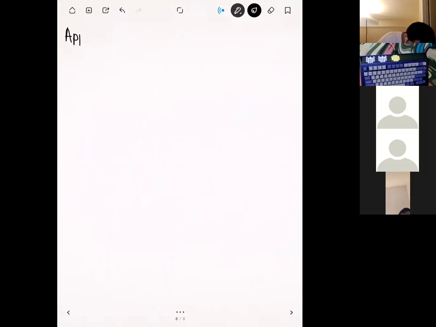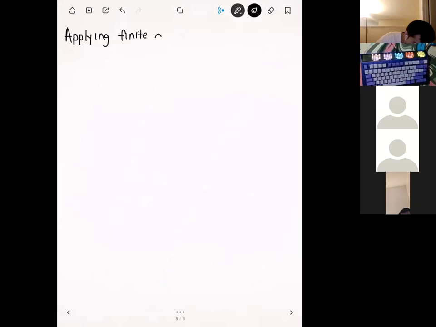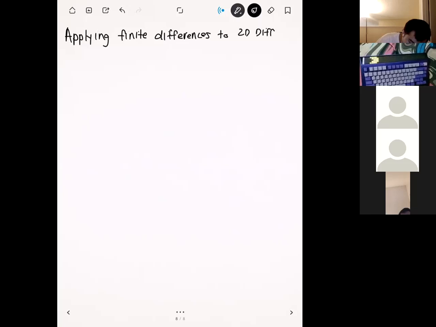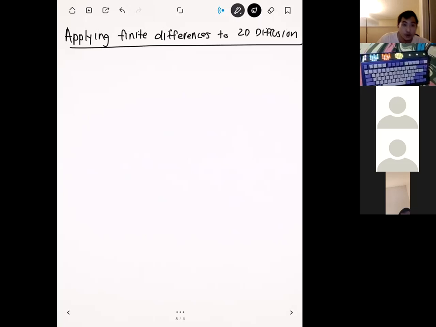Okay, and so now let's actually start applying finite differences to our diffusion equation. So this is applying our finite differences to our 2D diffusion equation. Let me write out the 2D diffusion equation again.